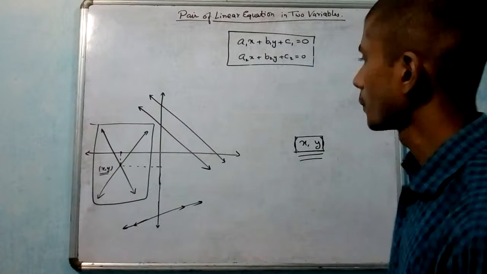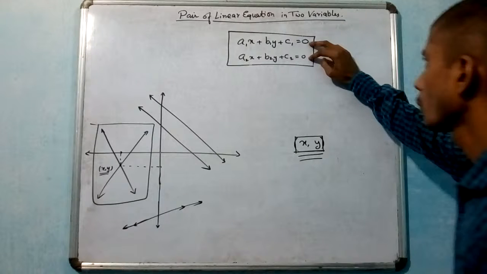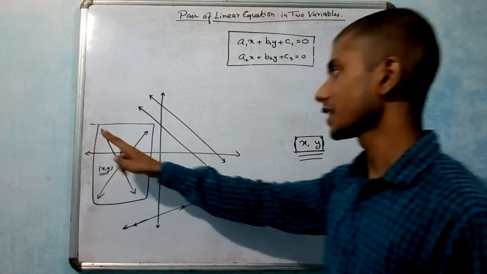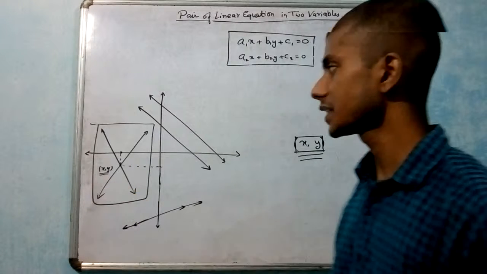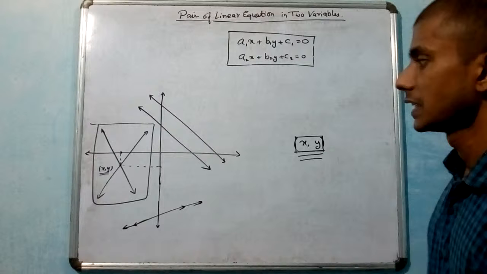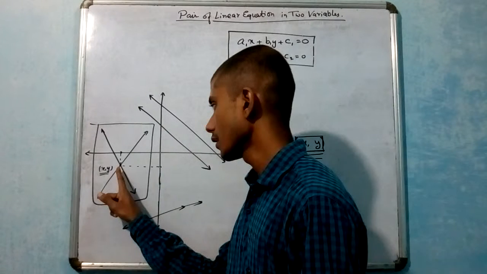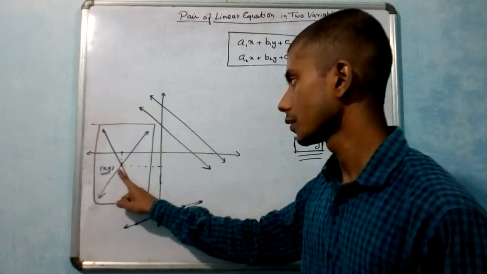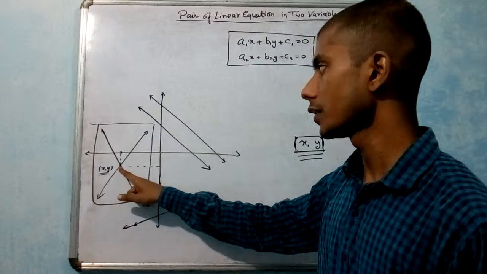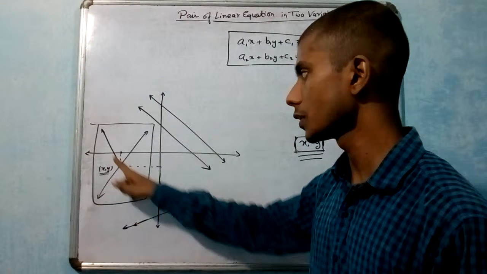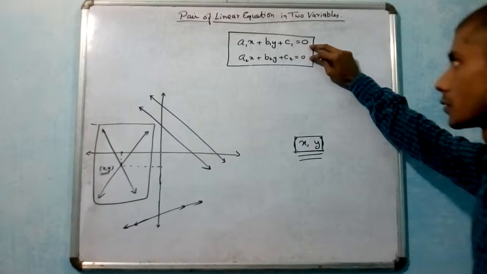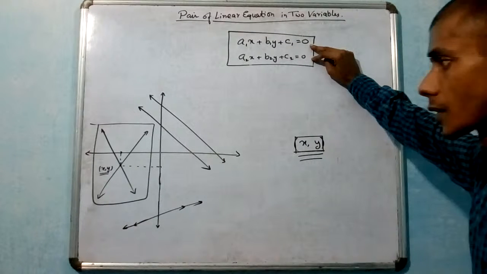So in one of the possibilities, while presenting it on the graph, we may get intersecting lines, and if we get intersecting lines, then we will have only one common point which lies on both the lines, and that common point's coordinates will actually be the solution which satisfies both the equations.